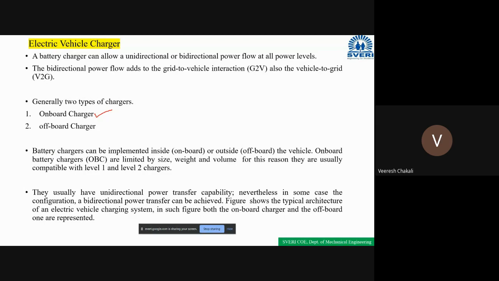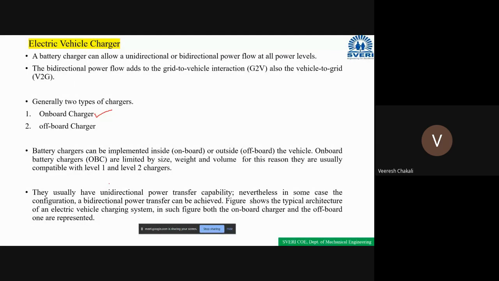Next, the onboard chargers can be used only for level 1 and level 2 chargers. What is level 1 and what is level 2? We will see next.